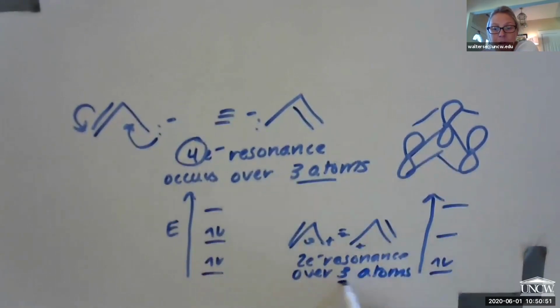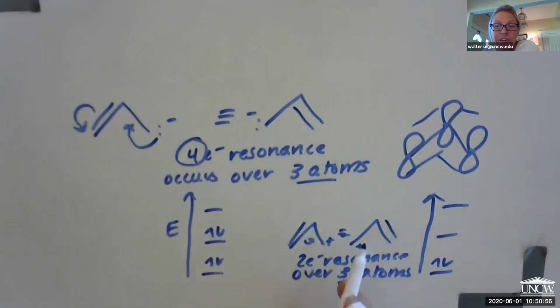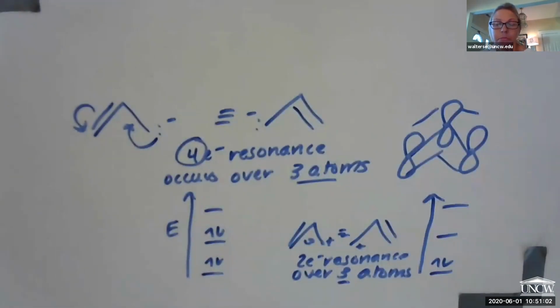So the atom number tells you the number of molecular orbitals. The diagram tells you the number of electrons shared or distributed. Does that make sense? Yes, thank you.